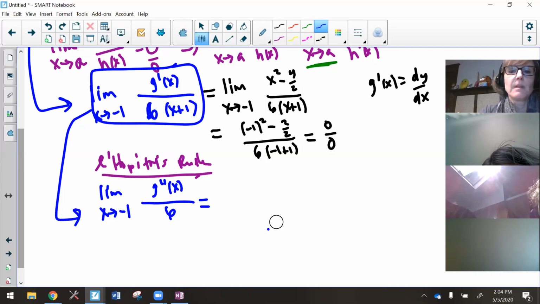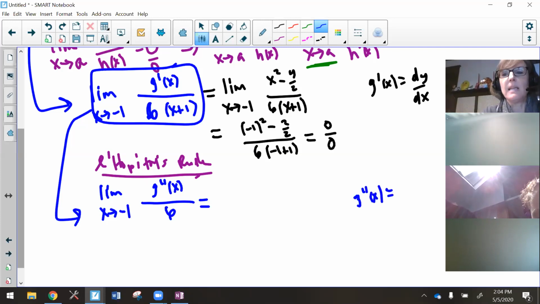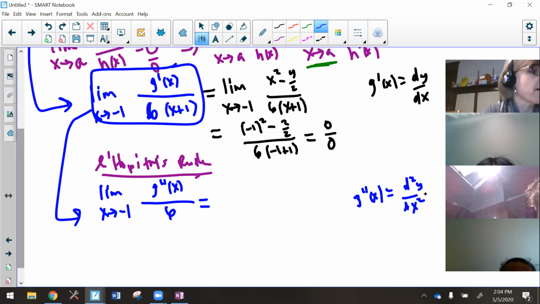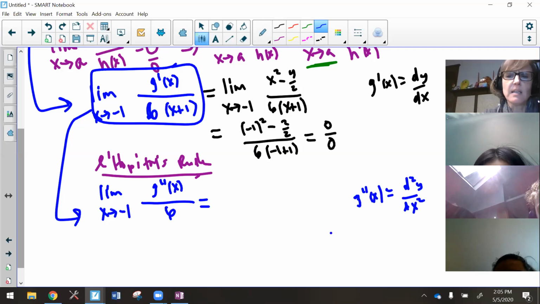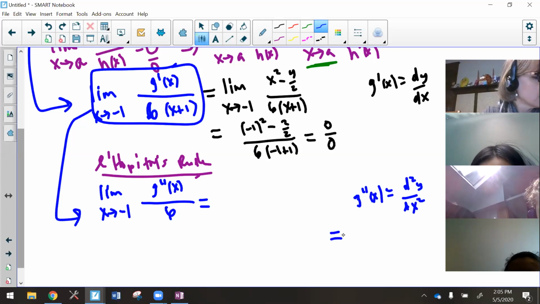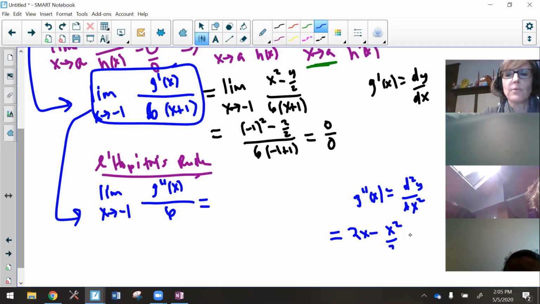So g double prime of x is going to be my d2y dx squared. And I have an equation for that, which is (2x minus x squared over 2 plus y over 4).